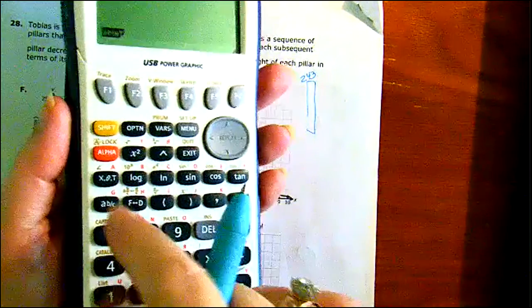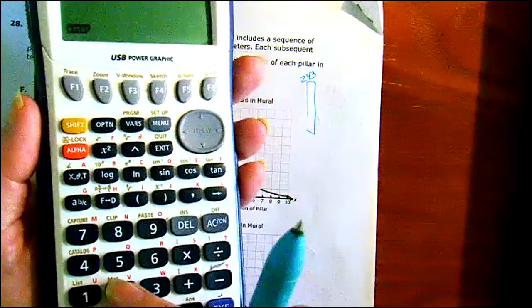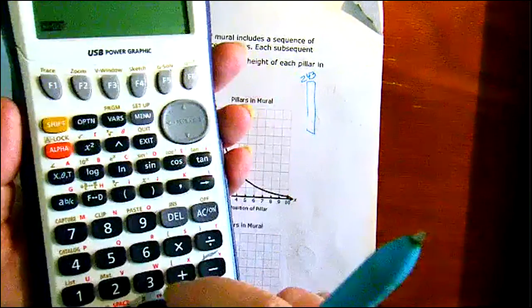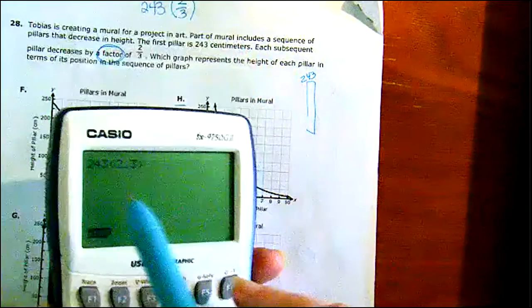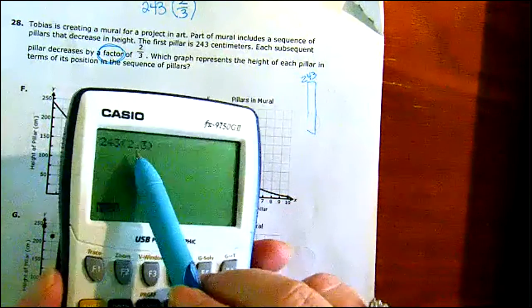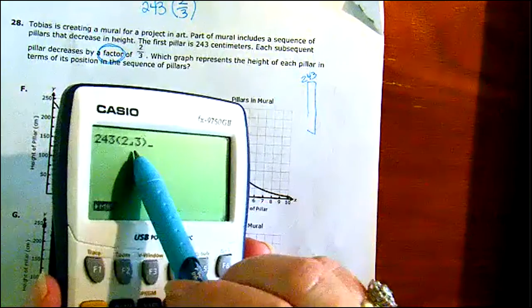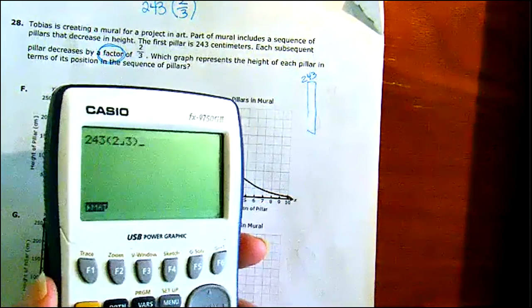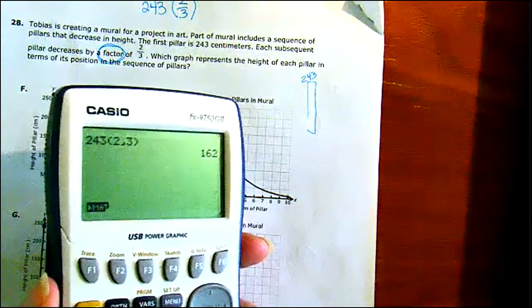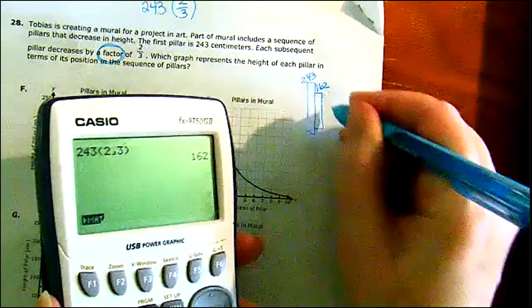But if you've not used this calculator much, you're going to use this ABC button. So I'm going to go 2 ABC 3. And that's what 2/3 looks like, the fraction. It's got this little hook. It doesn't exactly look like a fraction here, but that's the calculator version. And so the next one is 162.